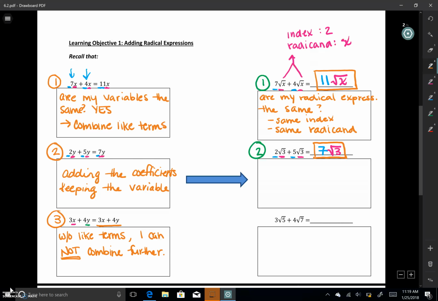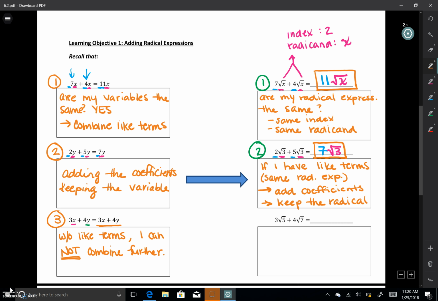So the takeaway here is, if I have like terms, meaning same radical expression, then add coefficients and keep the radical.